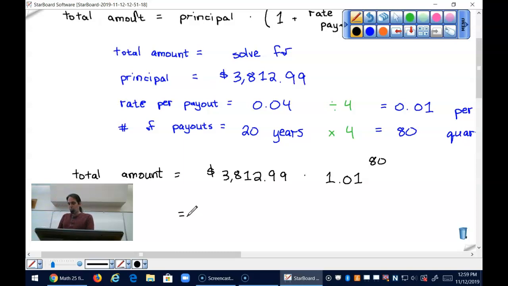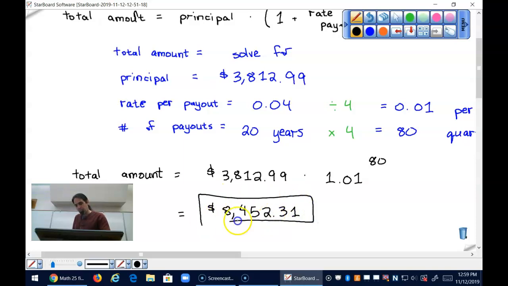So, 3... I'm getting $8,452.31. Everyone's calculator gets the same.